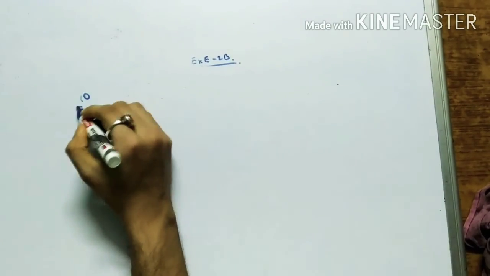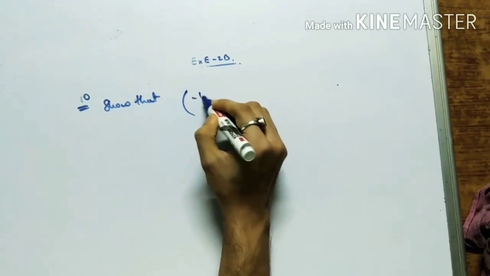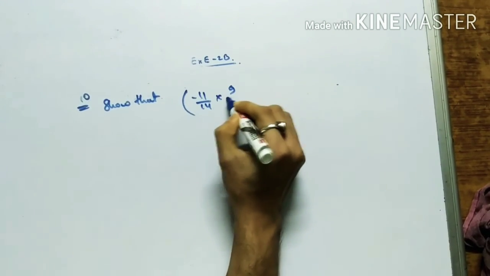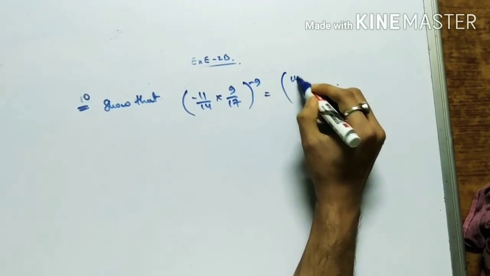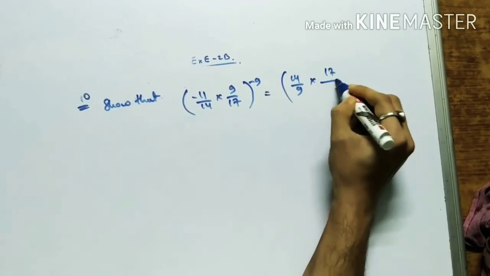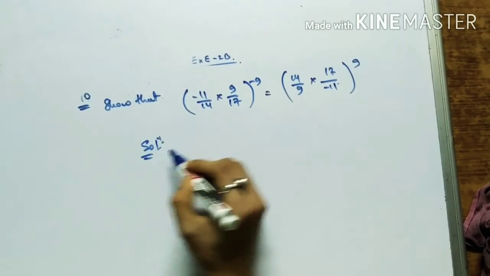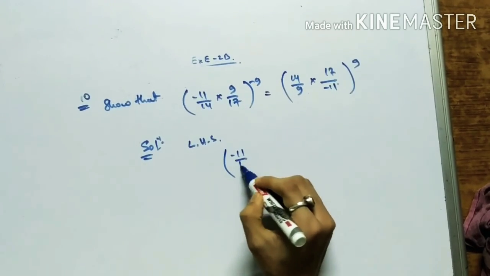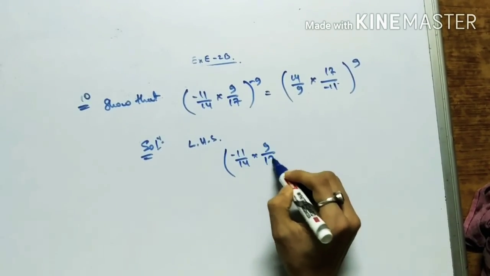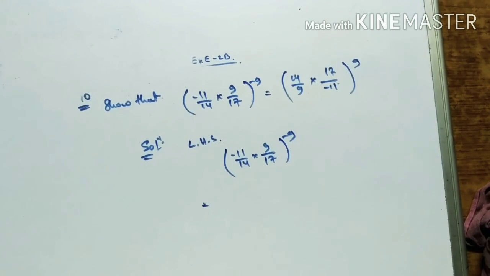Next, the last one, number 10. To prove that minus 11 by 14 into 9 by 17 to the whole power minus 9 is equal to 14 by 9 into 17 by minus 11 to the whole power 9. First of all, I will take the LHS, which is minus 11 by 14 into 9 by 17 to the whole power minus 9.